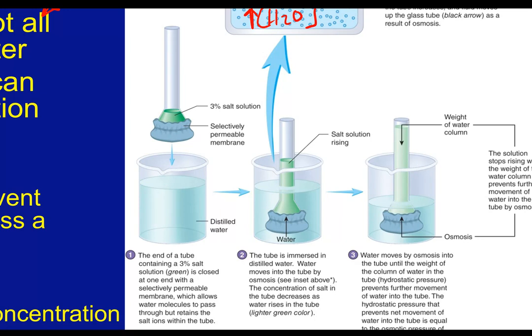Now, why this? Eventually, the weight of that water creates something called osmotic pressure. It gets too heavy. It would be like me saying, yeah, I can lift a 10-pound weight. Yeah, I can lift a 20-pound weight. Yeah, I can lift a 40-pound weight. Yeah, I can lift, but eventually I'm going to get to a point where I'm going to be like, yeah, I can't lift that anymore. Okay?